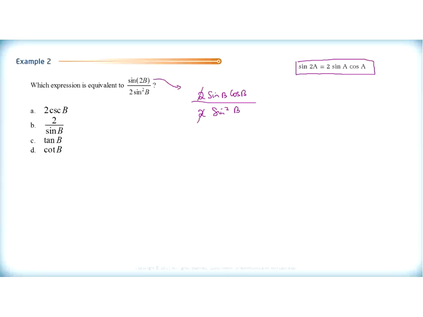Simplifying this, 2 divided by 2 is 1. I get a sine divided by a sine squared. I can cancel 1 sine in the numerator with 1 sine in the denominator. That will leave me with 1 sine b in the denominator. So I'm simply left with cosine b in my numerator, and in my denominator I'm left with sine b. Cosine divided by sine is cotan. Correct answer is B.